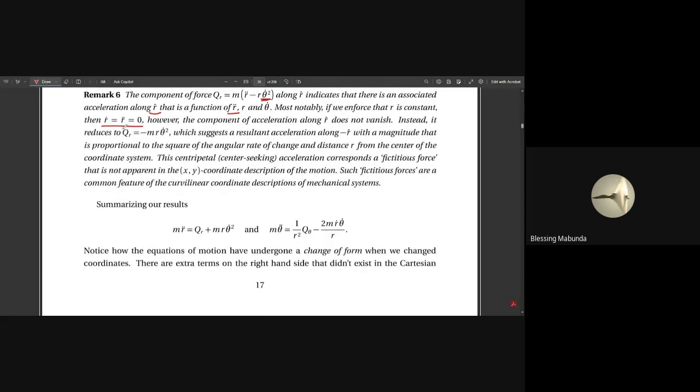So our results here: m multiplied by r double dot is equal to Q_r plus m r theta dot all squared, and m multiplied by theta double dot is 1 over r squared Q theta minus 2m multiplied by r dot theta dot divided by r.